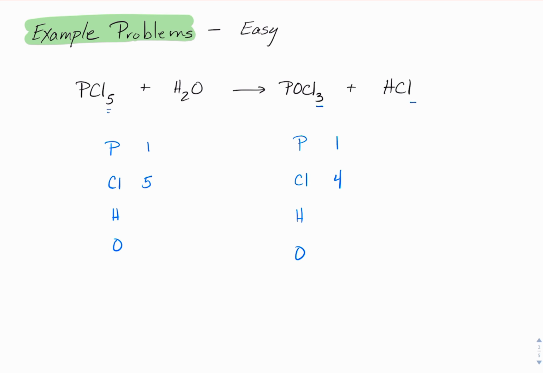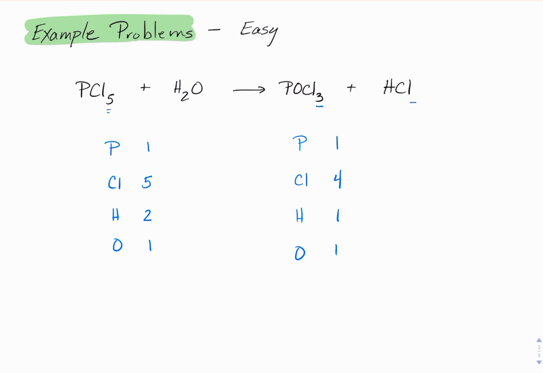There are 2 total hydrogens on the left and 1 on the right, and a total of 1 oxygen on the left and 1 oxygen on the right. Essentially, I want to use coefficients that increase the total amount of a substance relative to every other substance, totaling up the number of those elements so that they match.